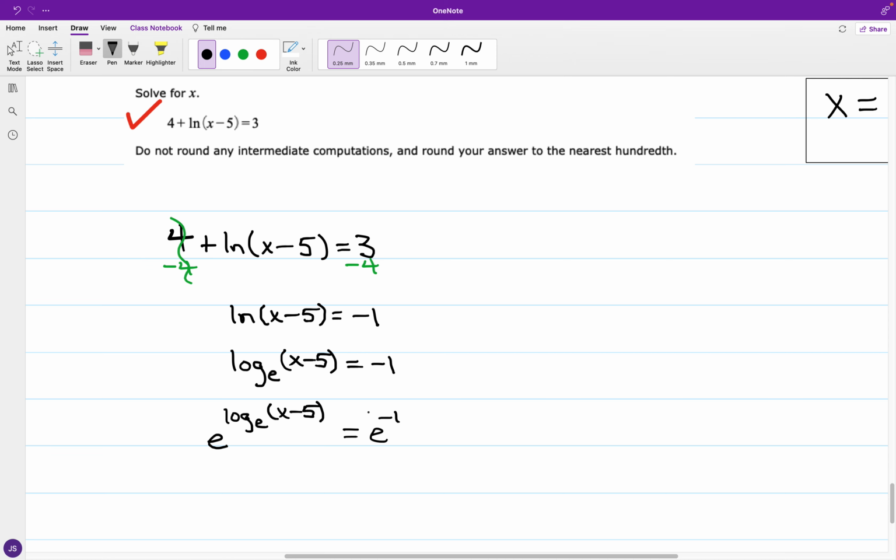Okay. So for what I have on the left, this will go to x minus 5. And for what we have in the case of e to the negative 1, this number will have 0.36787.